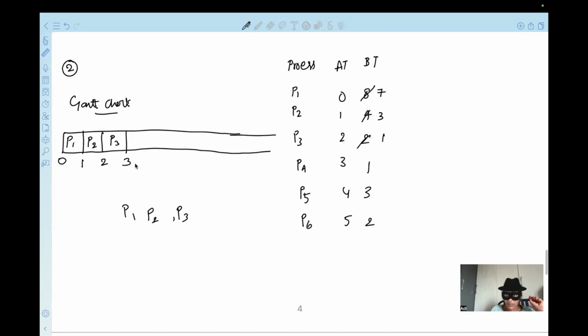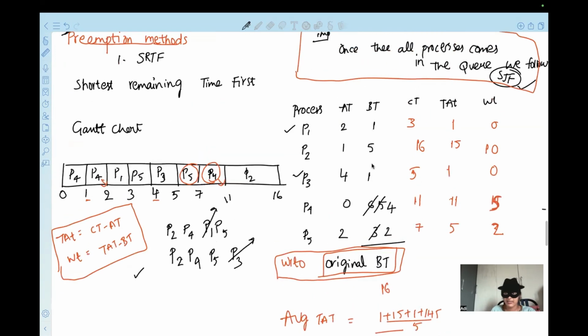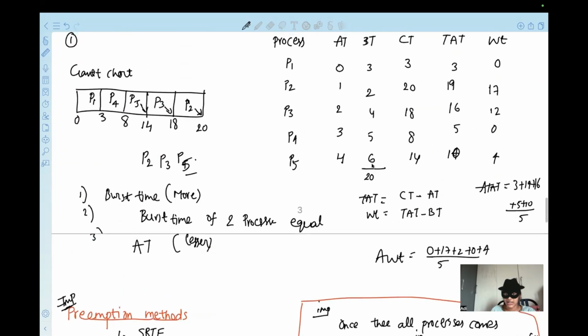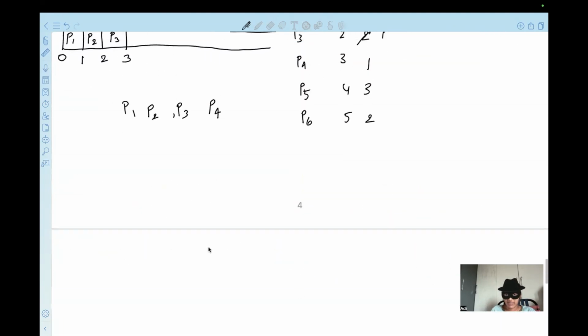At 3, what arrival is coming? P4 is also coming. So we have in the ready queue P1, P2, P3 and P4. Among these, the lowest burst time is for P3, and for P4 also. The same burst time is there. I have already told, if there are same burst times, then we have to take the arrival times. So let's see the arrival times.